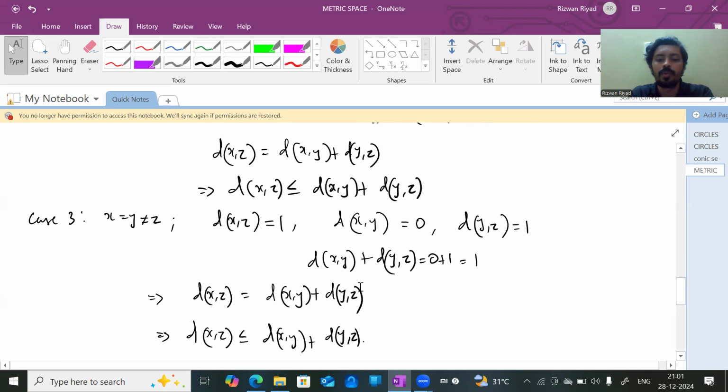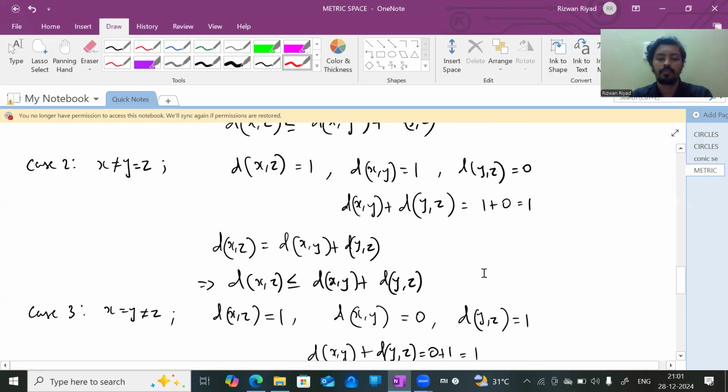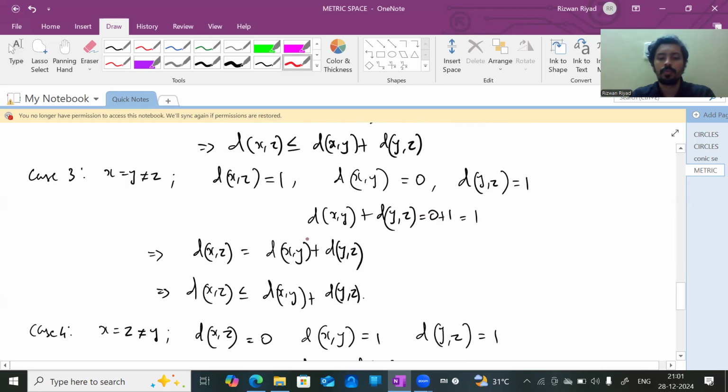So what is d of xy plus d of yz? d of xy is 0 and d of yz is 1, so 0 plus 1, 1 only. So d of xy plus d of yz is 1 and d of xz is also equal to 1. That means both are equal.